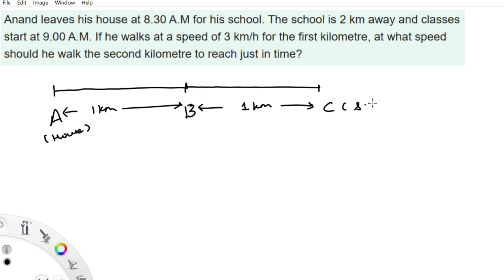So point C is school, and Anand basically starts at 8:30 a.m. and he is expected to reach school by 9 a.m. so that he doesn't get late for his class, right? And you are given that he walks at 3 kilometers per hour for the first kilometer, that is between the interval AB.